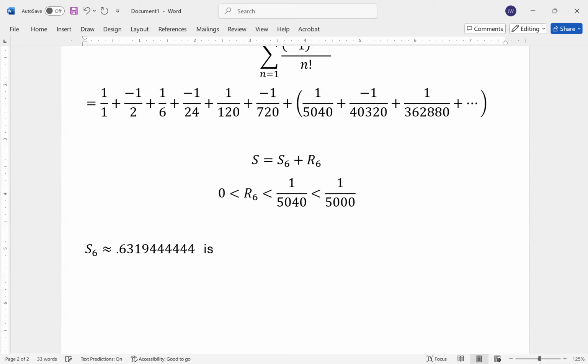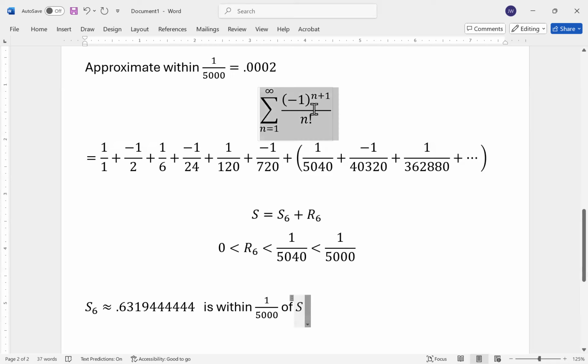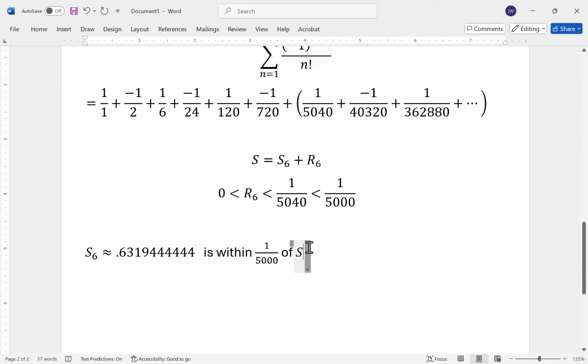That is within 1/5,000th of the actual summation, which again, we tend to call S, but some people would write within 1/5,000th of this summation. And there we go. That's the whole thing.